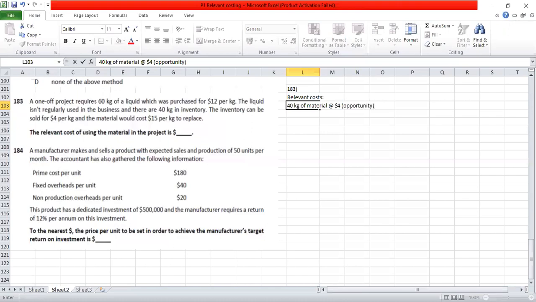It was purchased long back. It was not put to use. But now, if it is considered, they could have sold it at 4 per kg. So this is totally an opportunity cost, which will be 40 into 4, that is 160. And the material would now cost 15 per kg. So the cost of material, which is a variable cost in nature, plus the opportunity cost of 160, will be the relevant cost of material in this particular project.